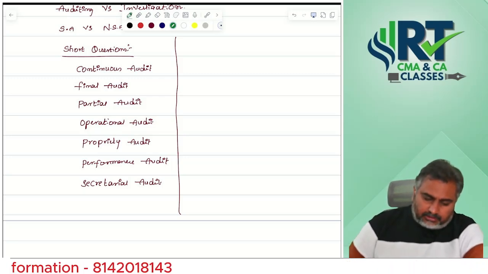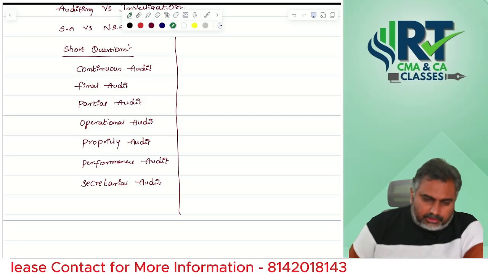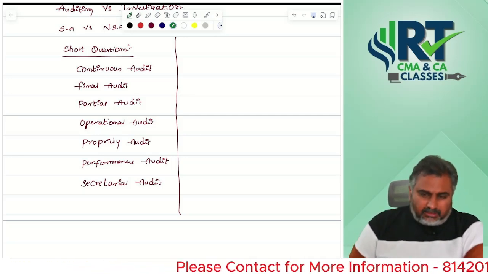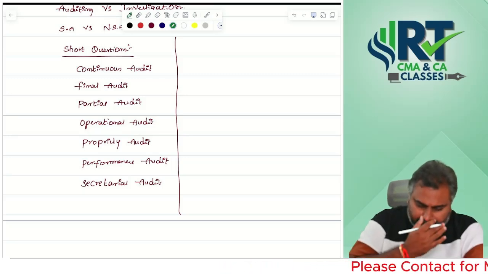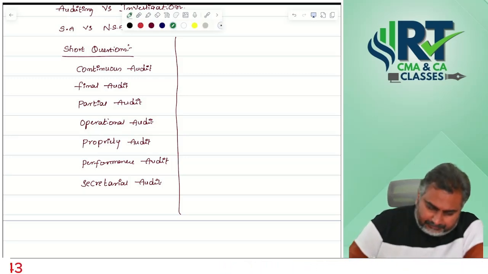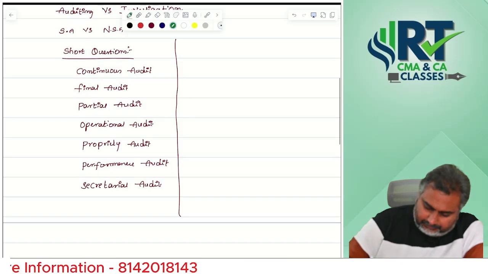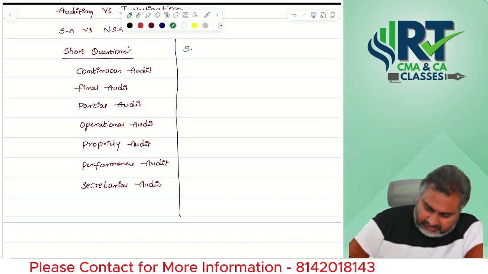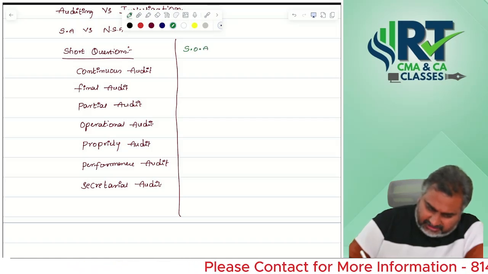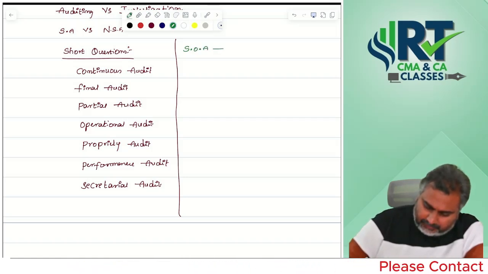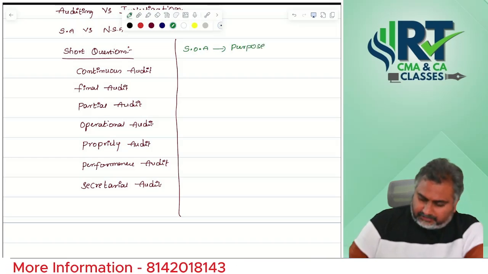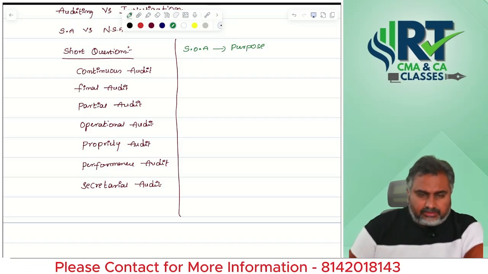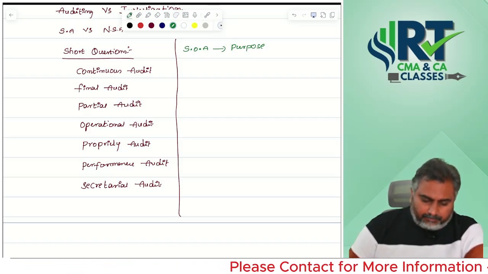Focus on these two questions under Module 1: standards on auditing and their purpose.